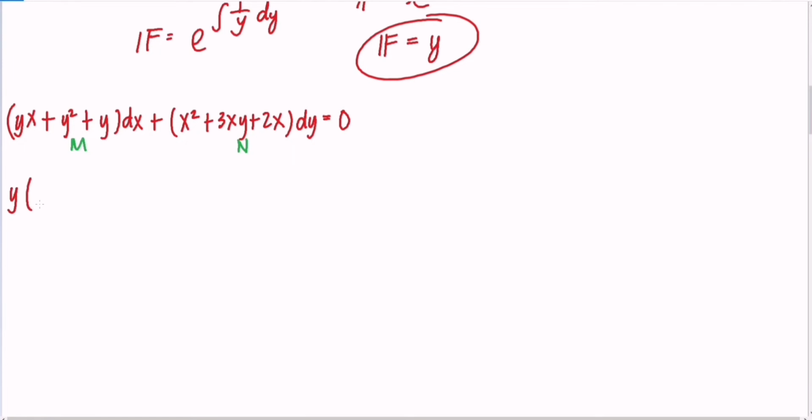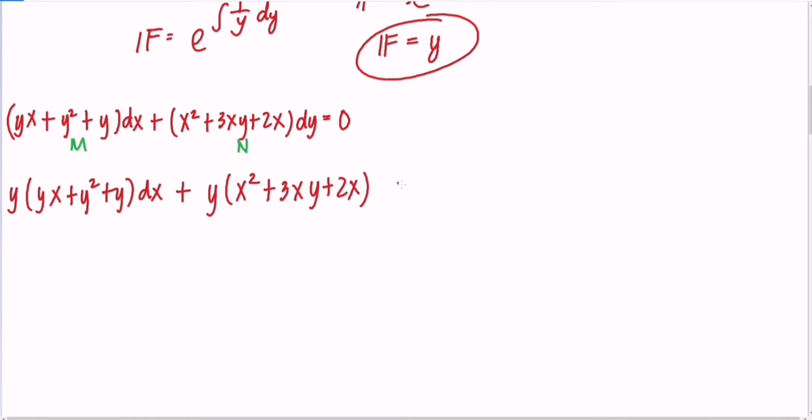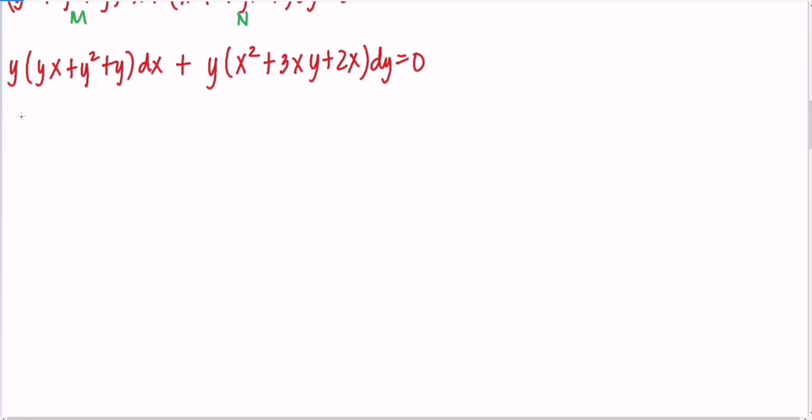So, I will have y times yx plus y squared plus y dx, plus y ulit, multiply ko naman dito sa n, 3xy plus 2x dy equals 0. Ayan. So, y times yx is xy squared. Y times y cubed is y cubed. Y times y squared is y cubed. Y times y is y squared. Tapos, enclosure sa parenthesis, dx.